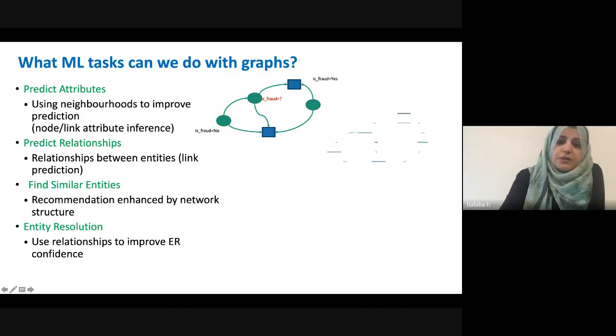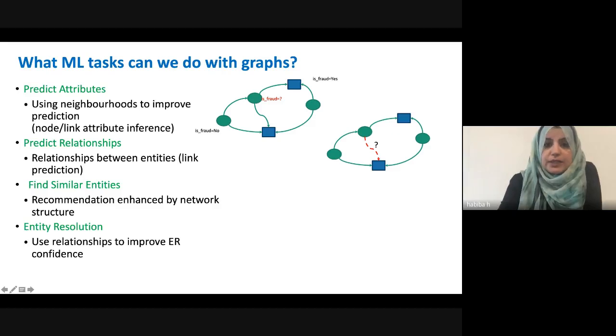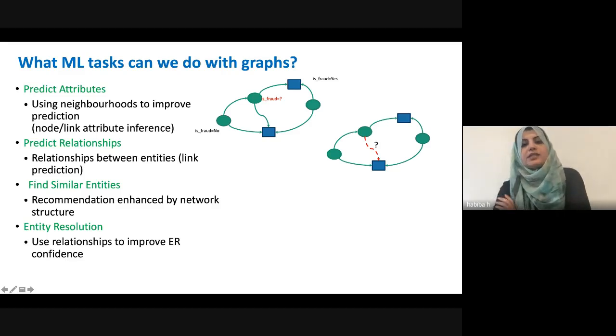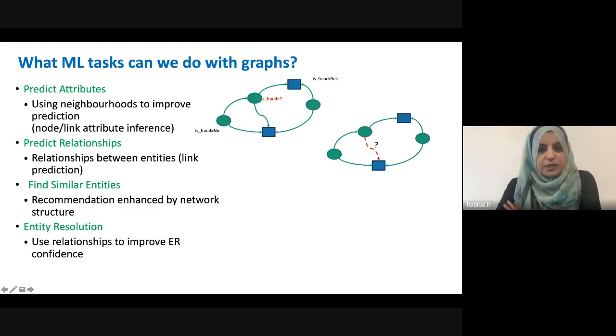Predict relationships. So that's one thing, the attribute of a relationship, which was, as an example I gave, like whether a transaction is fraudulent or not. So that's basically predicting the label. But another interesting part about graph machine learning is that it's transductive, so you could actually fill in the missing information.